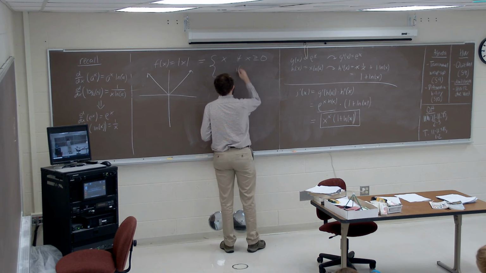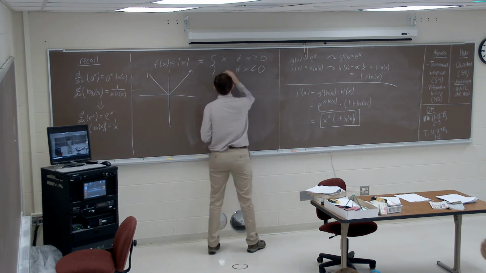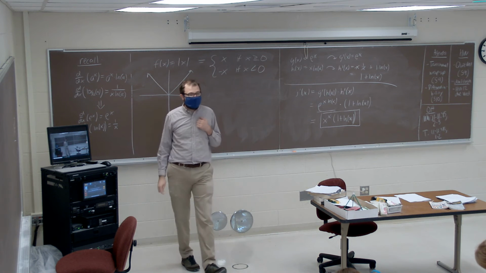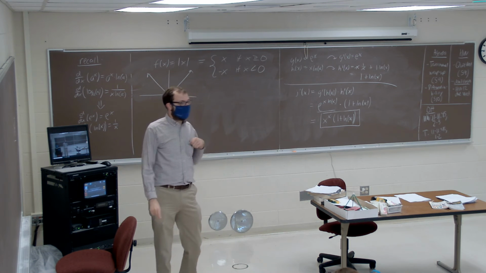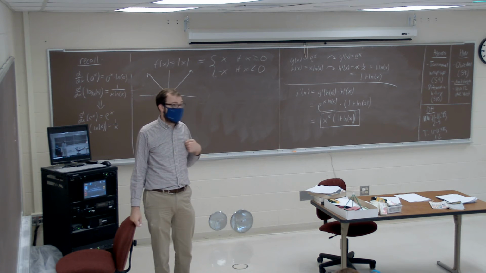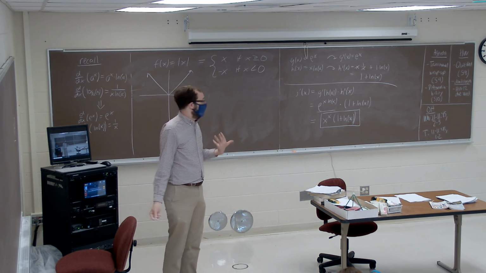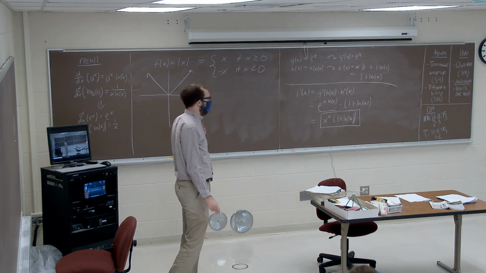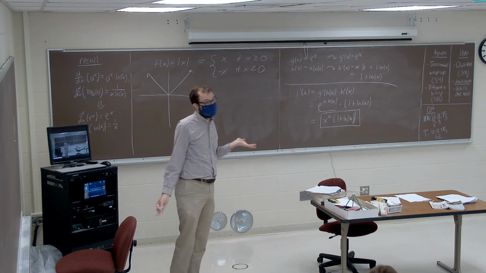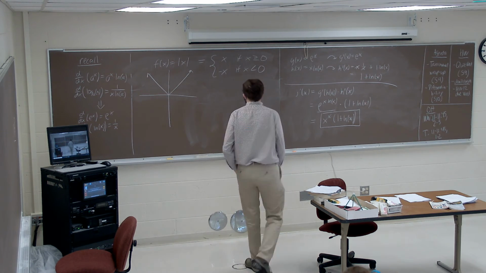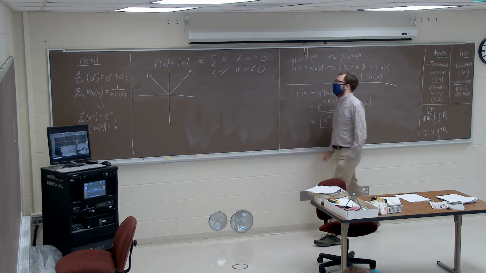Whereas if x is a negative number, make it positive. And the way you can make a negative number positive is just multiply by -1. Take the negative of x, and if x is negative to start, then the negative of a negative becomes positive. This is how we could write out absolute value as a piecewise function.